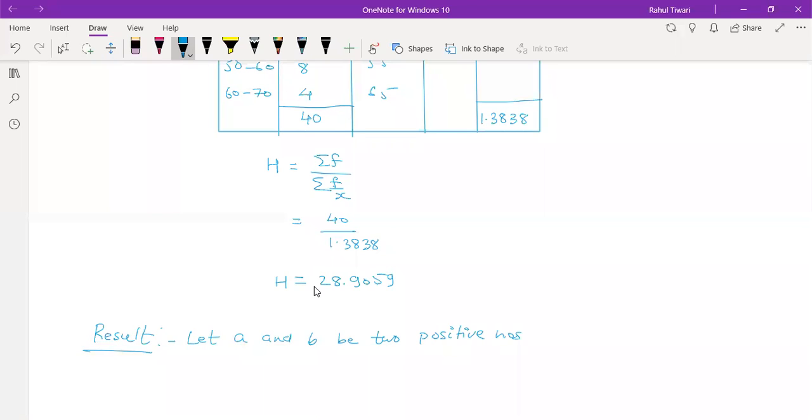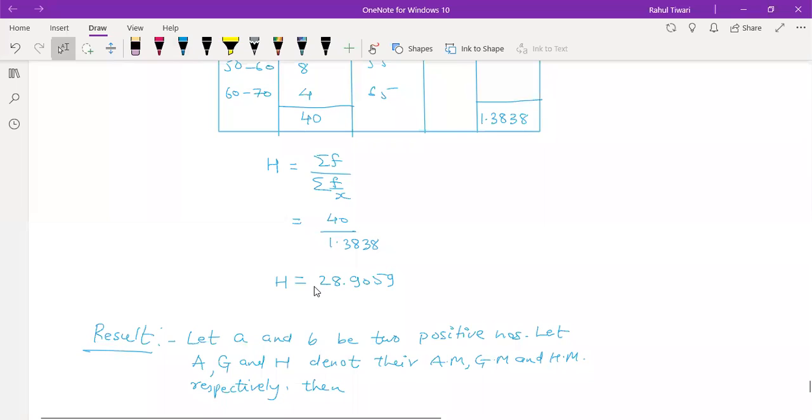Let A, G and H denote their AM, GM and HM respectively. Then there is some relation that exists between these AM, GM, HM.